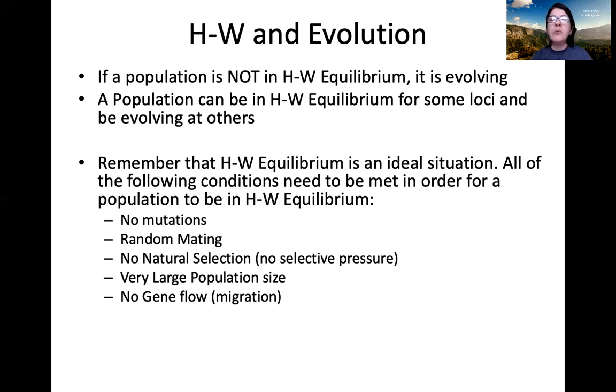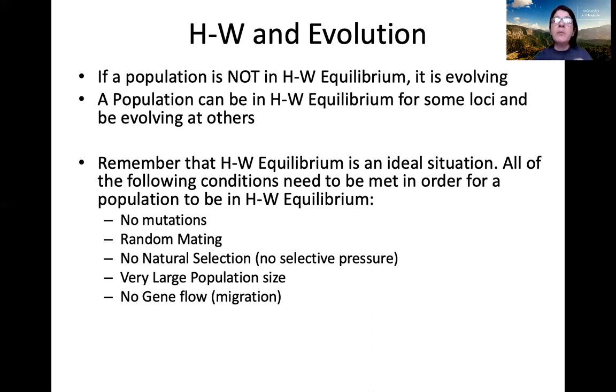And it's important also to understand that the population might be in Hardy-Weinberg equilibrium for some loci and be evolving at others. When a population is evolving, it doesn't mean that all genes are changing. It could be one or a few genes that are evolving while others are in equilibrium. So whenever we do Hardy-Weinberg equilibrium, we always apply it to a single locus, a single gene.